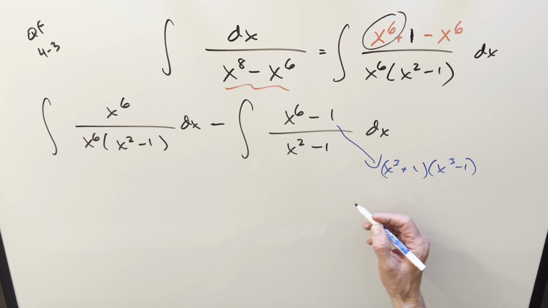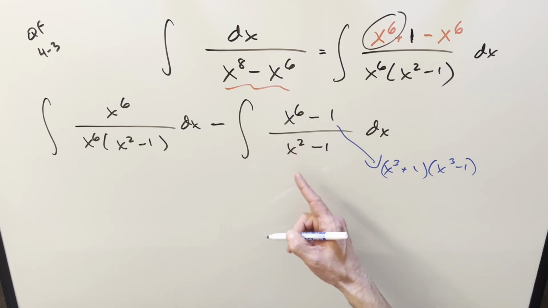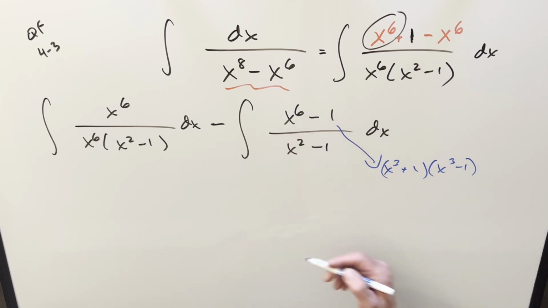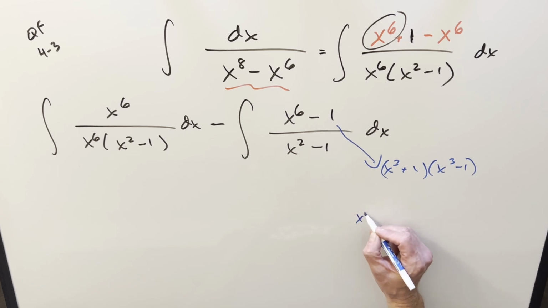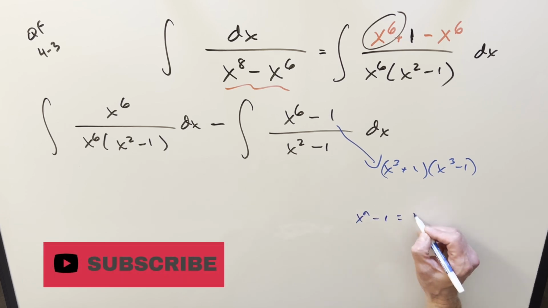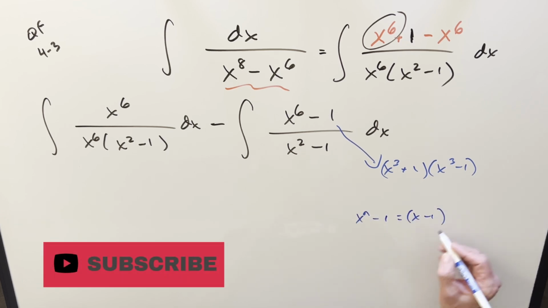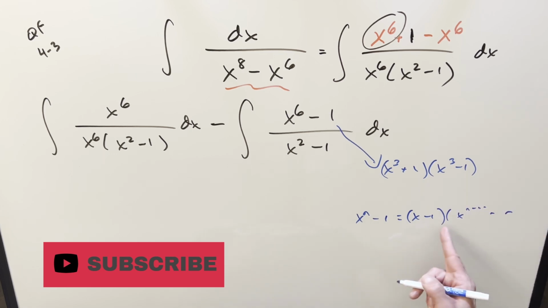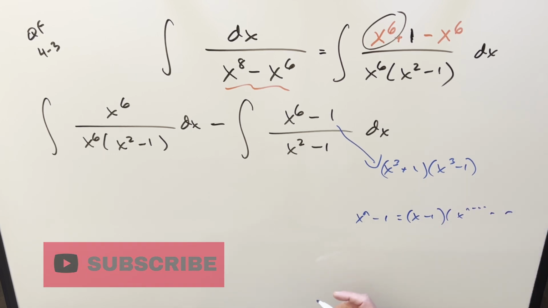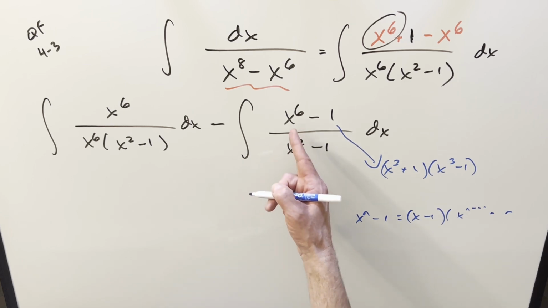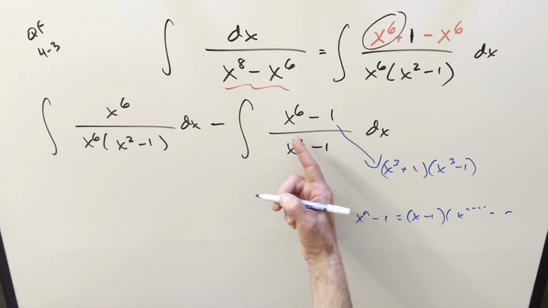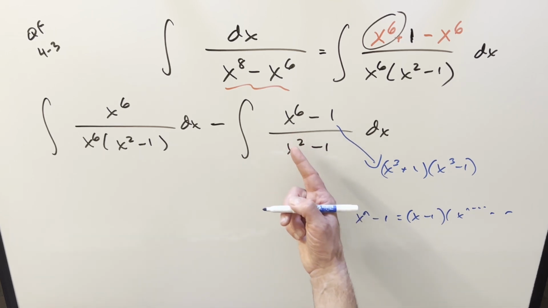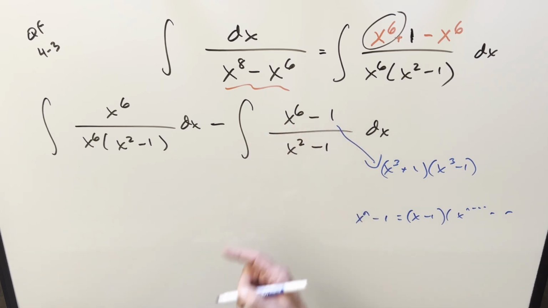So that's one way. Another way, for anything, it doesn't matter what the power is, I think it needs to be an integer, if you have x to the n minus 1, you can always factor this as x minus 1 times a bunch of terms, I think all the terms added all the way down to 1. Also, when you have an even power, you know that minus 1 is going to be a root, because you plug in minus 1 with an even power and you get 0.